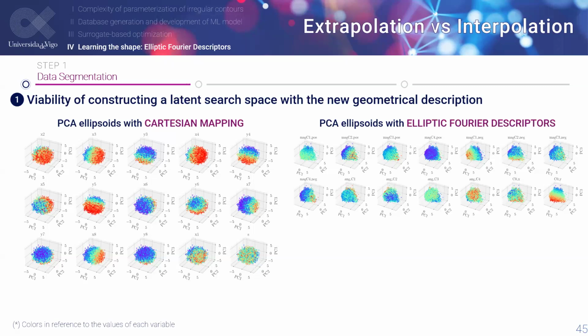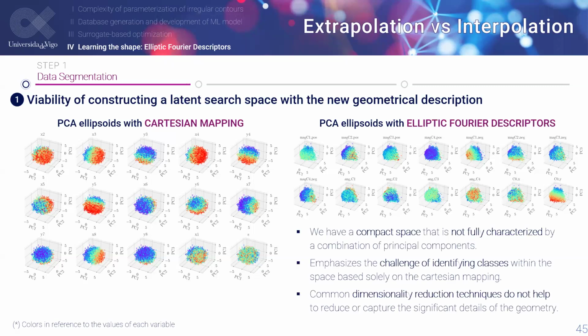And the answer is no. For example, here are 2 really basic examples of principal component analysis based on the 15 fins and then the elliptic Fourier descriptors. And there's no combination of principal components that will simplify or reduce the number of inputs that you will need to train a data-driven model.